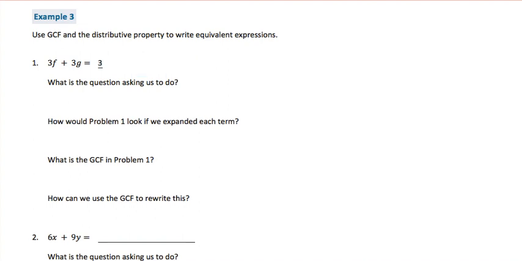So clearly I have 3 that I can factor out times F plus G. They're asking us to factor out the greatest common factor of both terms.